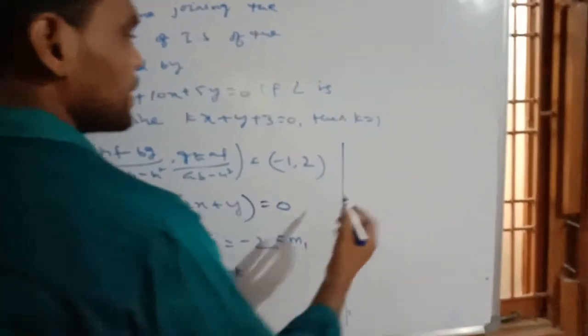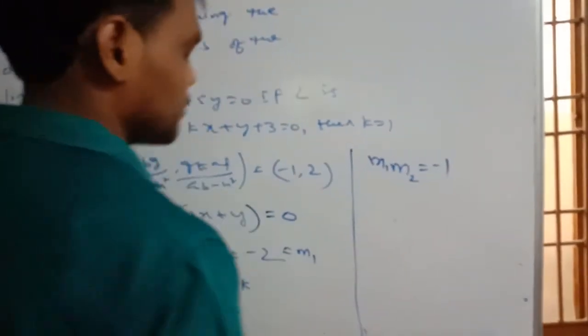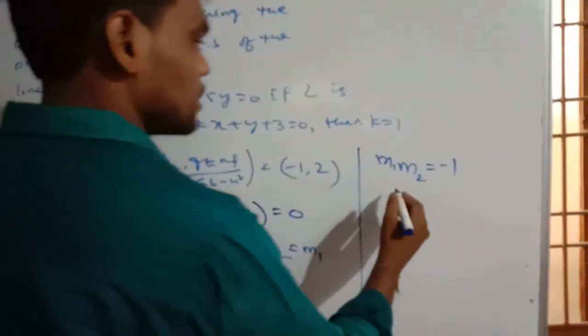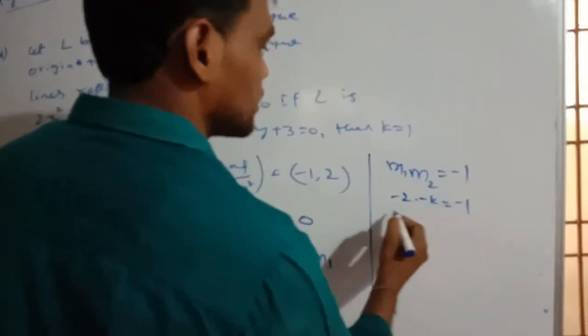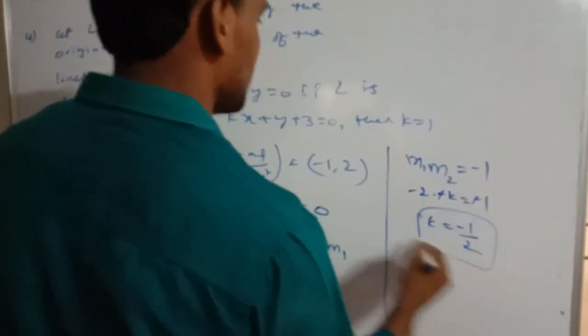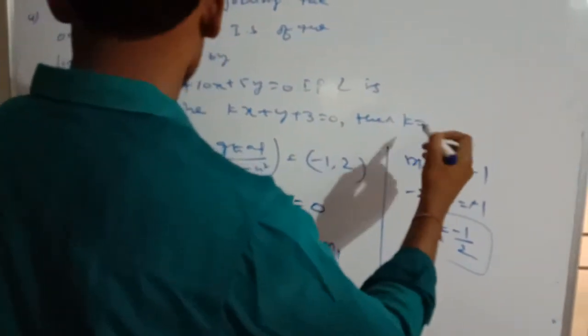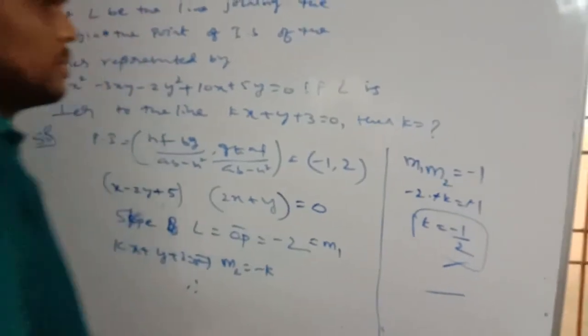The two lines are perpendicular, then m1 m2 is equal to minus 1, where m1 is minus 2 and m2 is minus k, so the product is equal to minus 1. Here k is equal to minus 1 by 2. This is the value of k, minus 1 by 2. Okay.